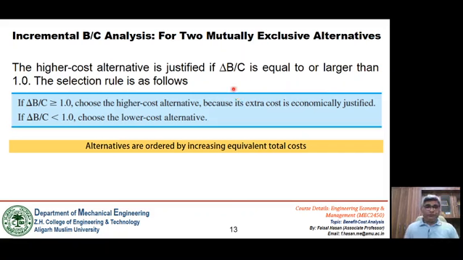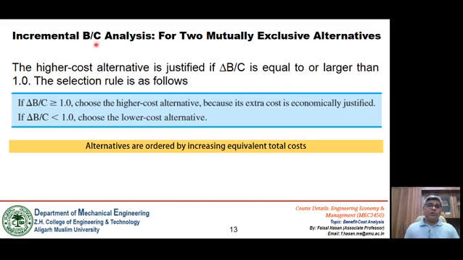Now if we have two different mutually exclusive alternatives available, how do we extend this benefit to cost analysis to select the best feasible project from among the two? That can be done with the help of what we call incremental benefit to cost analysis.